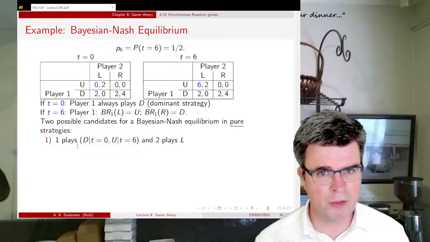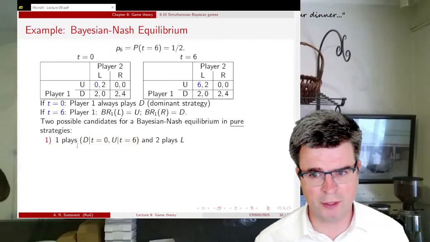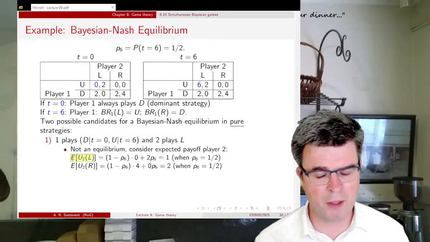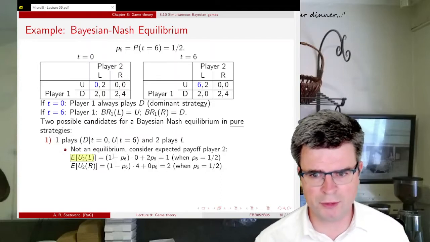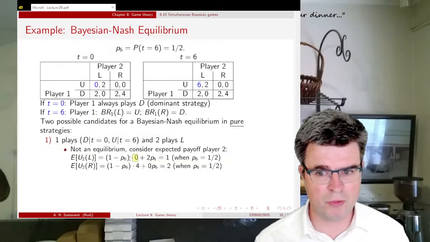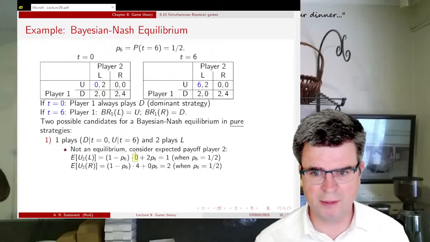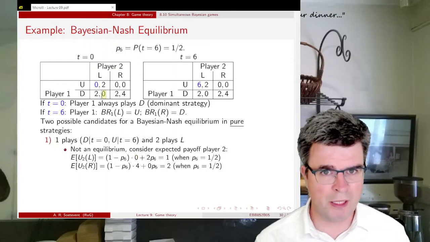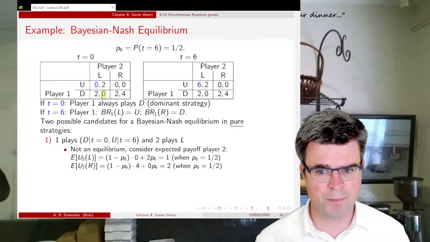Well, we need to look at the expected payoff of player 2. If player 2 plays left, then his expected payoff, given what player 1 does, is a payoff of 0 if player 1 turns out to be of type 0, which happens with probability 1 minus P6, because in that case player 1 will play down and player 2 will be left with a payoff of 0.